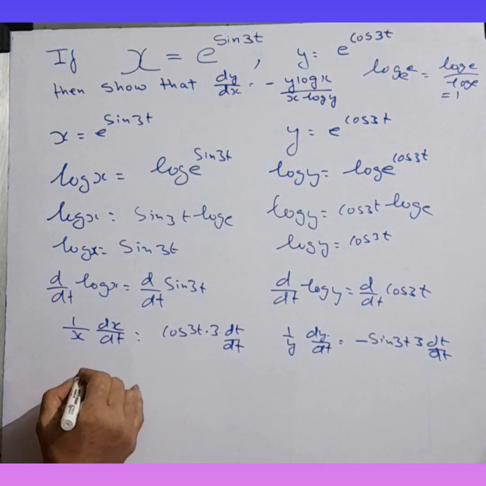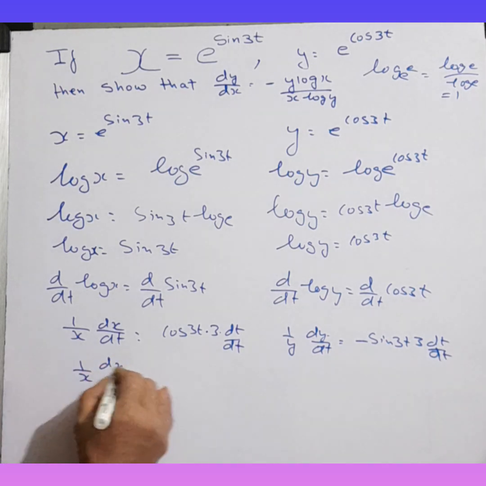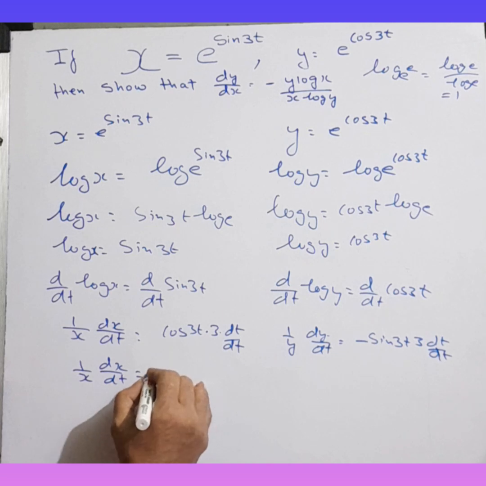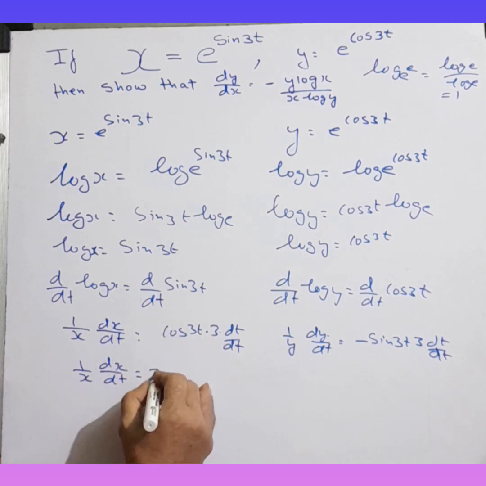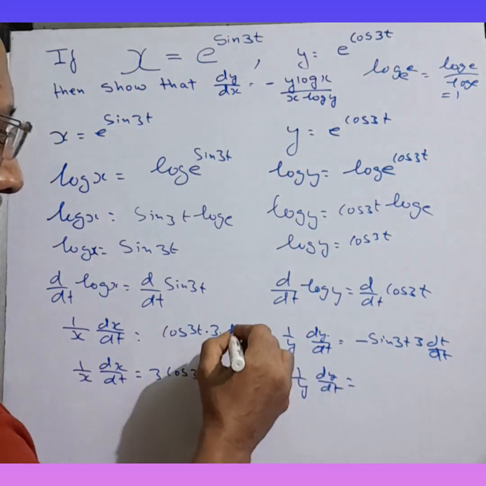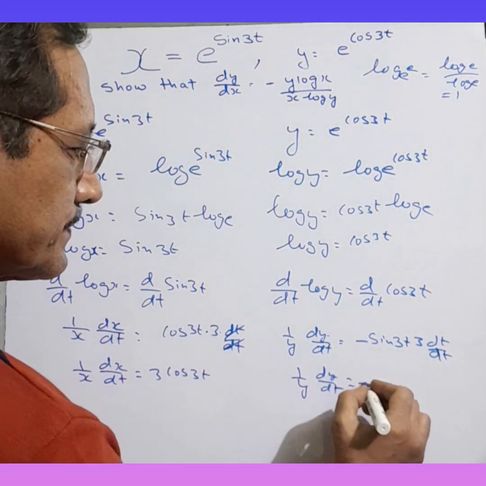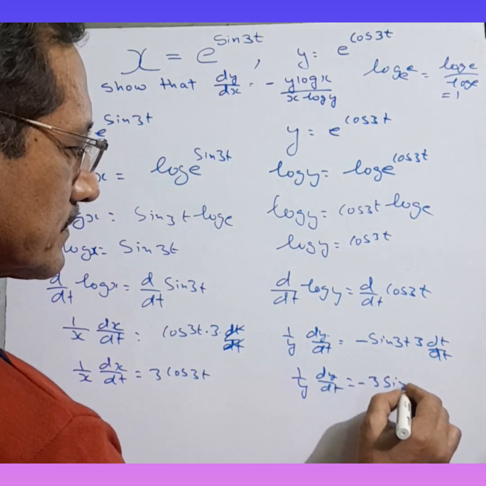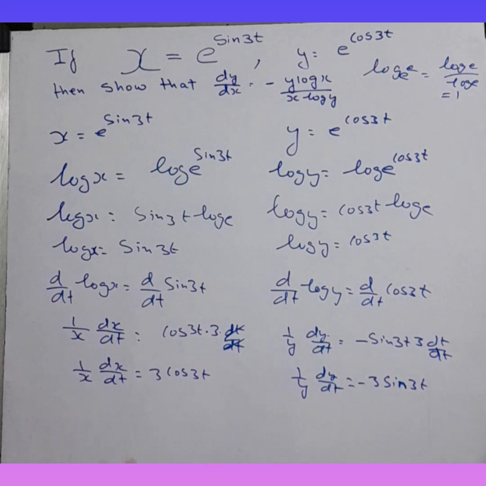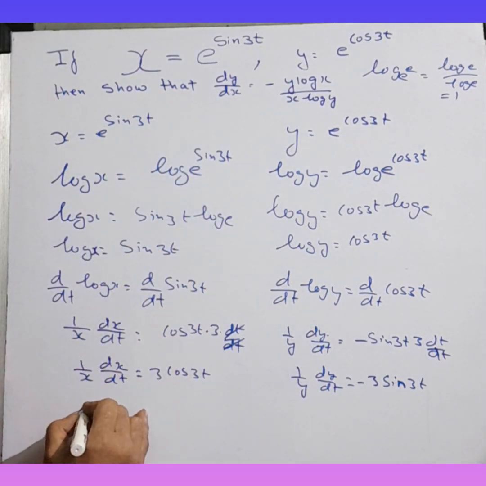Alright, okay, so this 3 I'm writing it here. d by dt of 3t, you know, right? It becomes 1. That's why it was only 3 which remained. Fine. Now what we intend to find is dy by dx. So x, I'll take it that side.